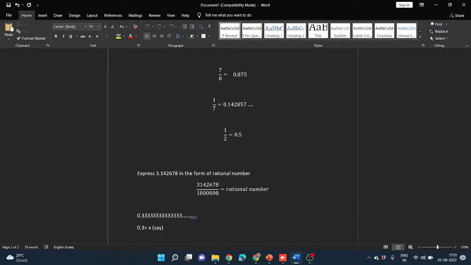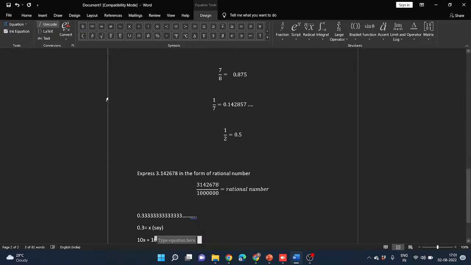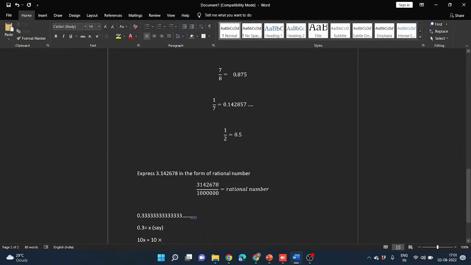Now let's multiply by 10. So 10x is 10 times 0.3 bar, which means when we multiply a decimal by 10, the digits move to the left, so the number has now become 3.333 and so on.